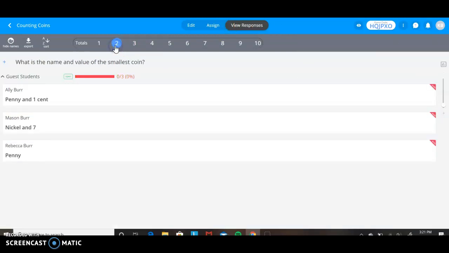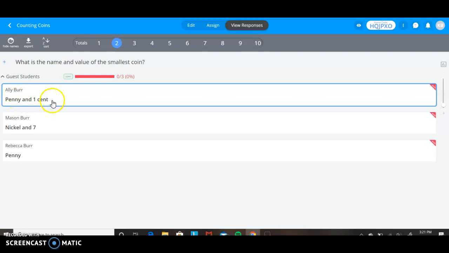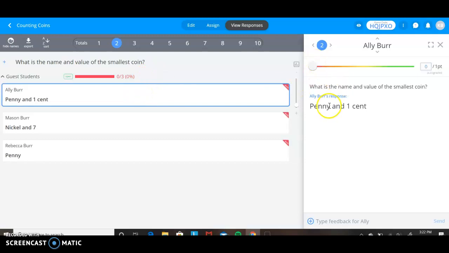Moving on to number 2, what is the name and the value of the smallest coin? Penny and 1 cent would be the correct answer. So it's worth 1 cent and it's a penny, so we're going to give her the full point.